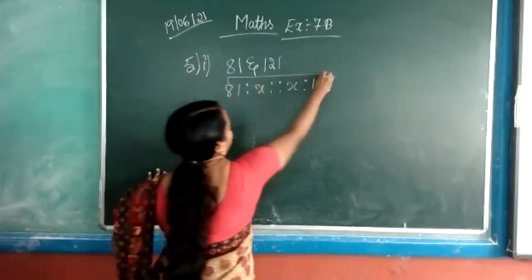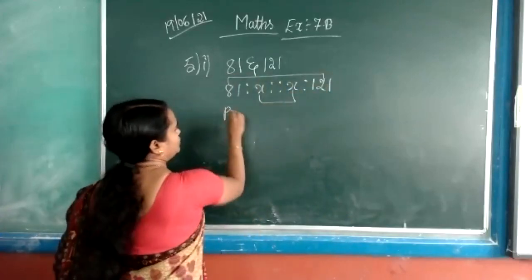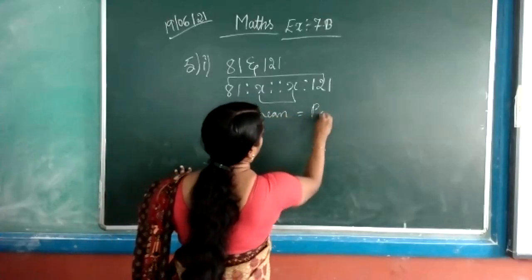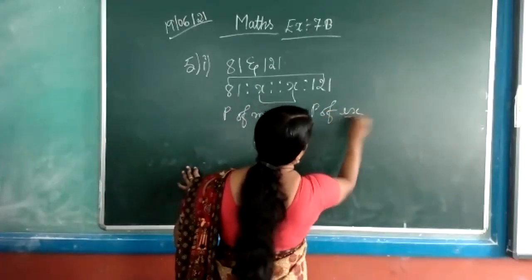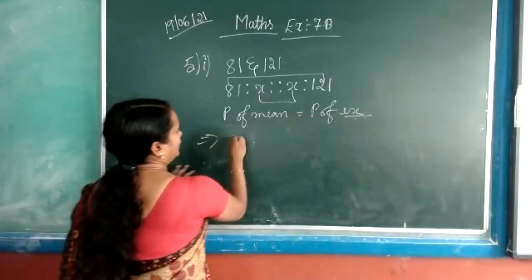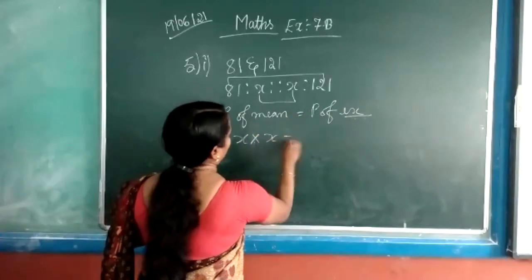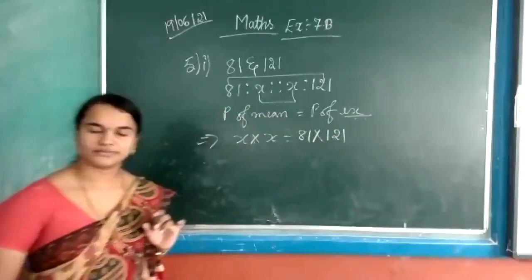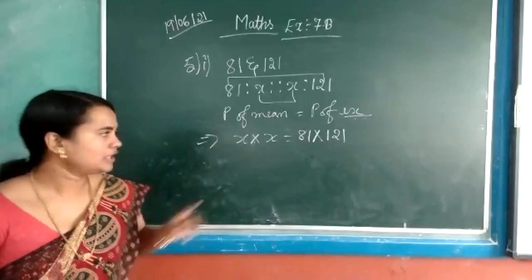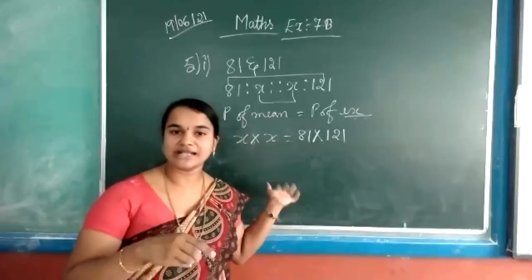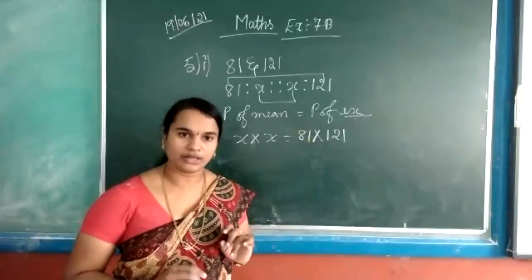That means product of means. Children, you have read: product of means equals product of extremes. Write it down fully, I am writing short. So x into x equals 81 into 121. Clear? Understood? Now children, here it is multiplied, not plus. That means x into x, x square.